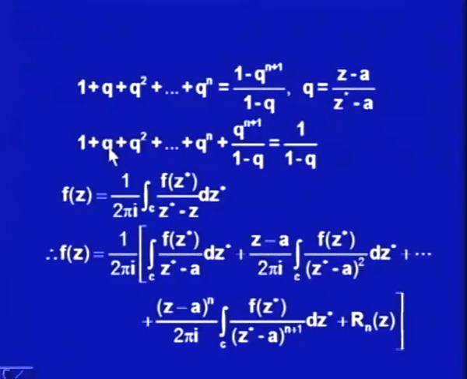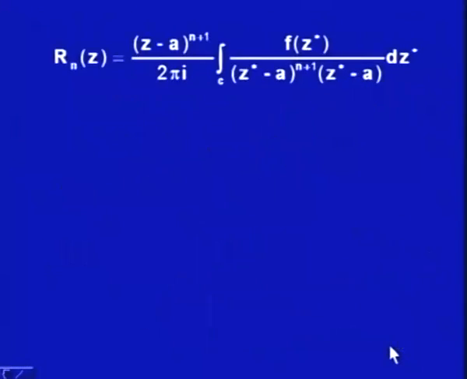This will correspond to the second term, and the last term will be this. So we have f(z) represented as this. Here R_n(z) is equal to (z minus a) raised to power n plus 1, upon 2 pi i, integral of f(z*) over (z* minus a) raised to power n plus 1 into (z* minus z) dz*.